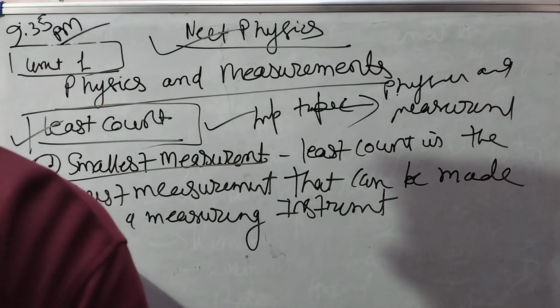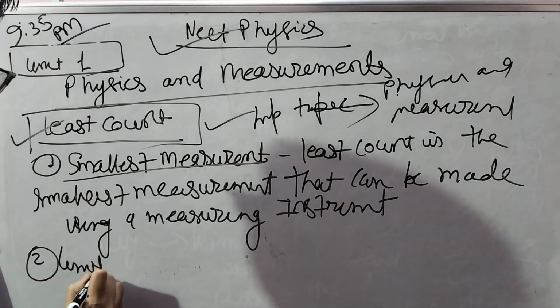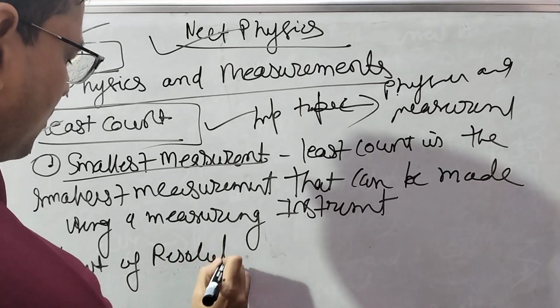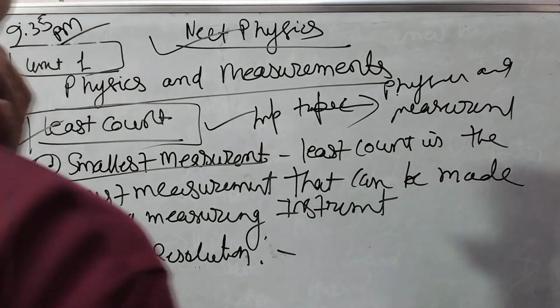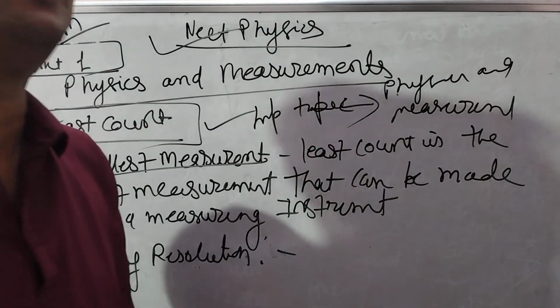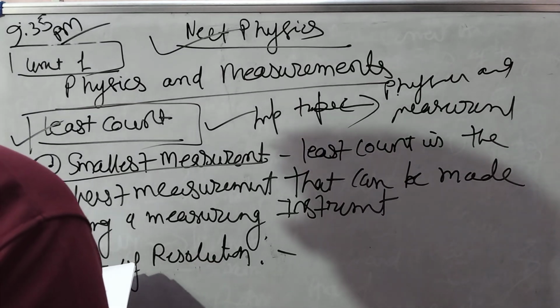Point number 2: limit of resolution. In optical instruments it is called resolving power or resolving limit.